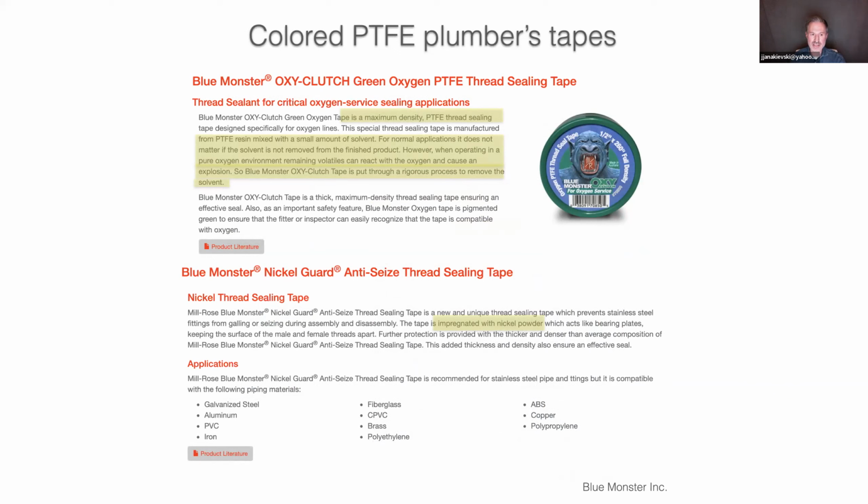For normal applications, it doesn't matter if the solvent is not removed from the finished product. That means all other tapes have a more abundant amount of residual solvent. However, when operating in an oxygen environment, remaining volatiles can react with the oxygen and cause an explosion. So they go through a rigorous process to remove the solvent, which means others do not. Essentially, these products aren't clean products that we're using.